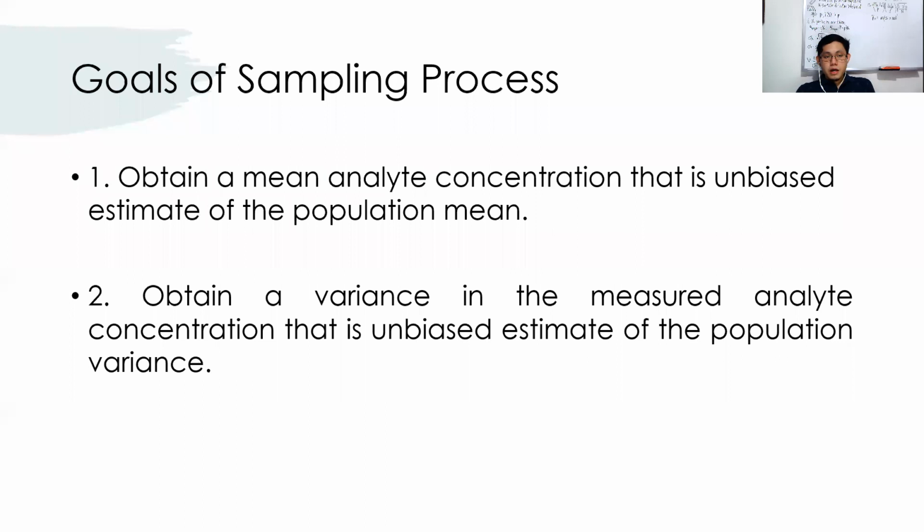So there are some goals of the sampling process. So one is obtain a mean analyte concentration that is unbiased estimate of the population mean. Yan. So yan yung pinaka-importante sa pagsasample. Dapat matanggal mo yung mga biases. So obtain a variance in the measured analyte concentration that is unbiased estimate of the population variance. So simple din ito.